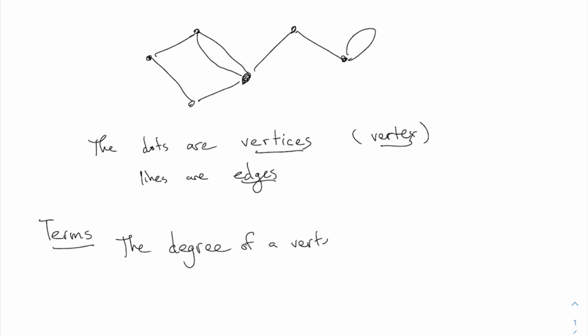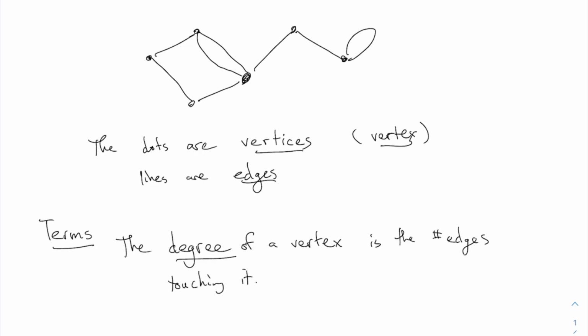In most useful scenarios when you're talking about graphs, the degree turns out to be important. So the degree of a vertex is the number of edges touching it.